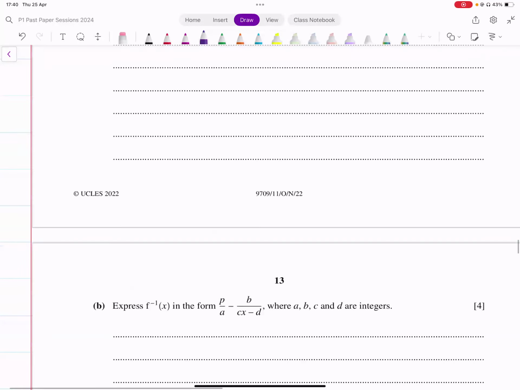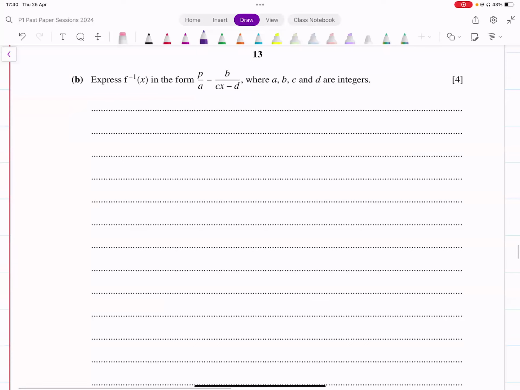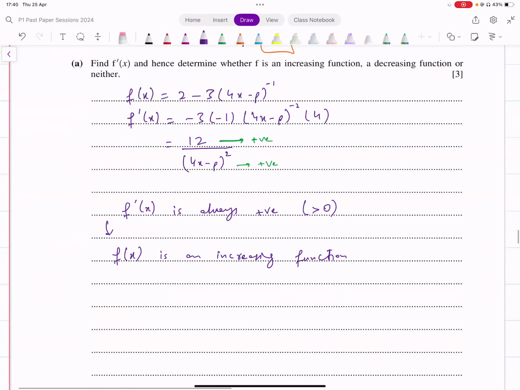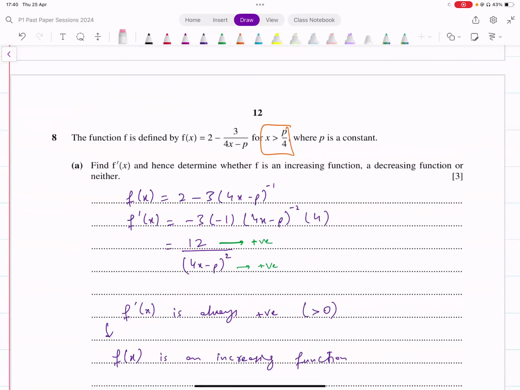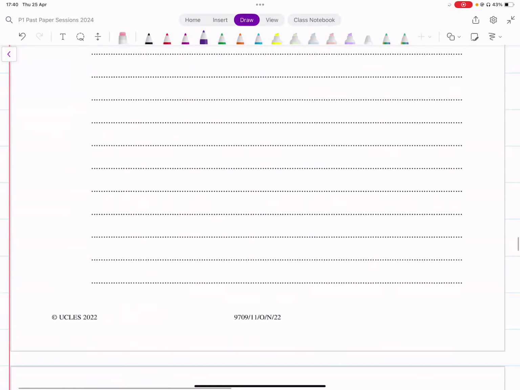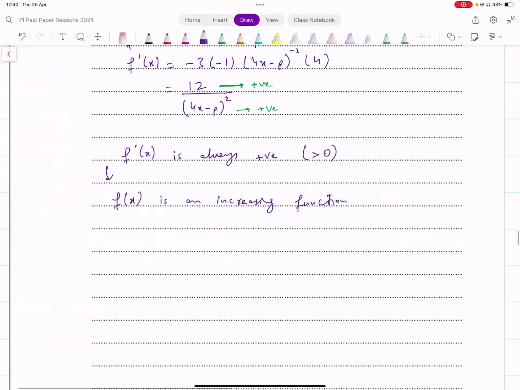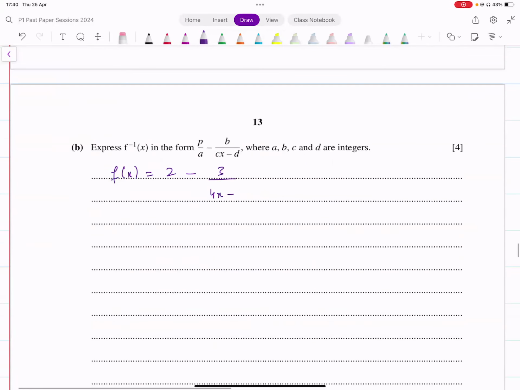Now it says, express f inverse of x in this form. So we've got the function f. F of x looks like this: 2 minus 3 over 4x minus p.